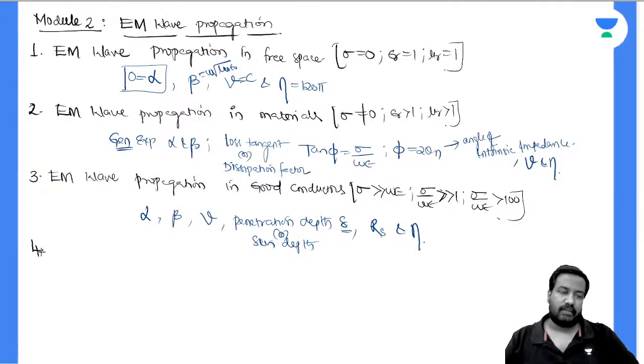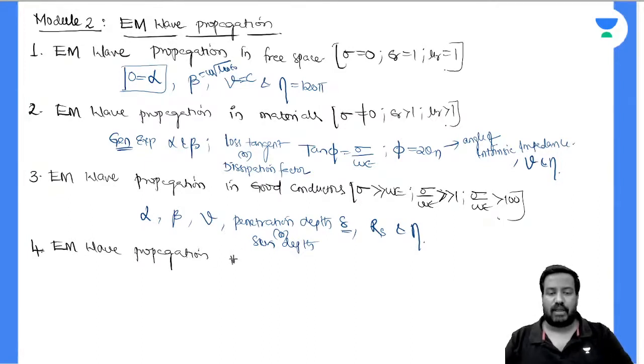And we were seeing EM wave propagation in good dielectrics. Sigma far less than omega epsilon.